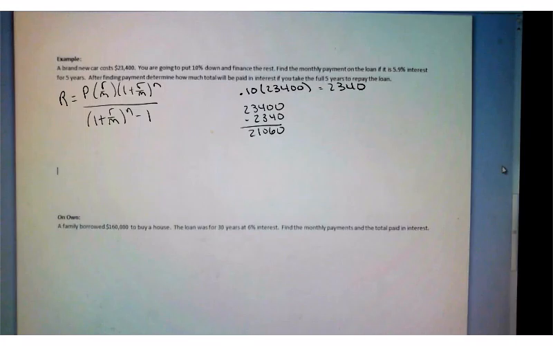The shortcut is, if we're putting 10% down, we're financing 90%. So if we took 90% of $23,400, you get your amount that you need to finance. Either way, we'll come to the formula and plug in the $21,060 for P.